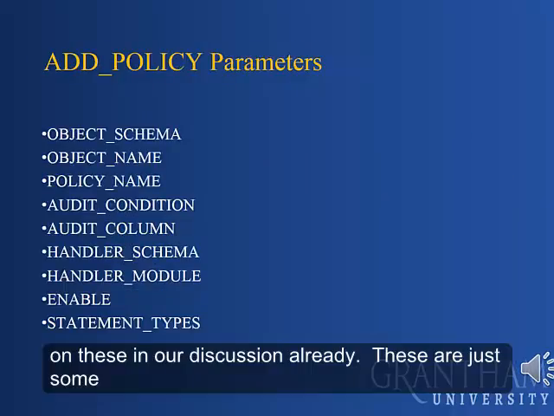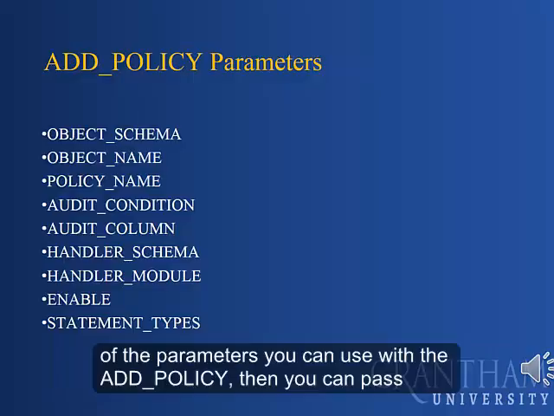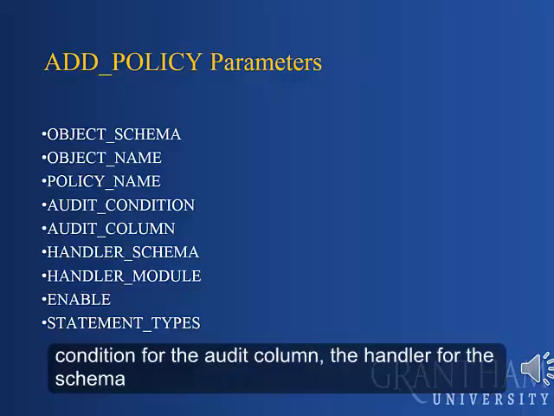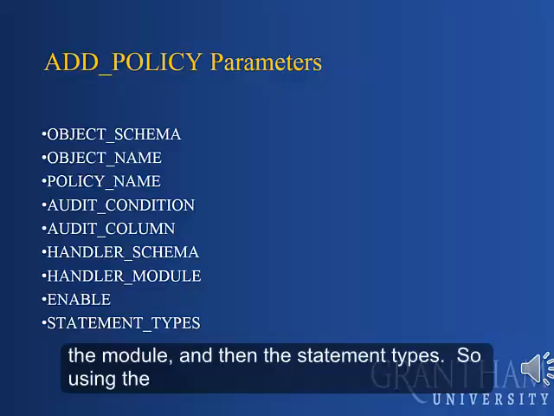These are just the parameters that you can use with the add policy. With that, you can pass the schema for the object name, likewise the policy name, a certain condition for the audit column, and then a handler for the schema, the module, and then the statement types.